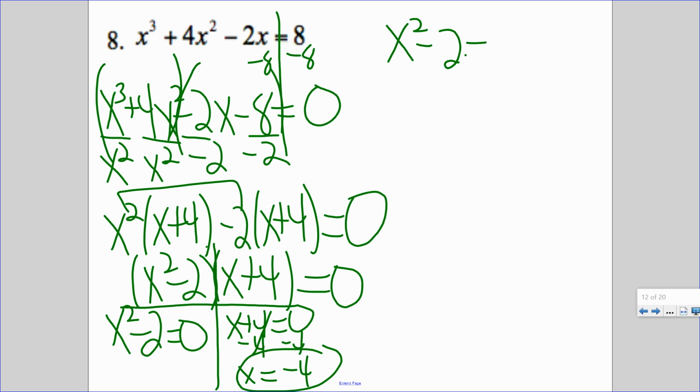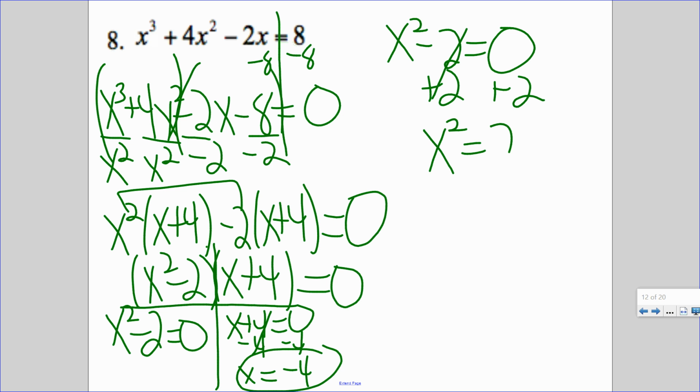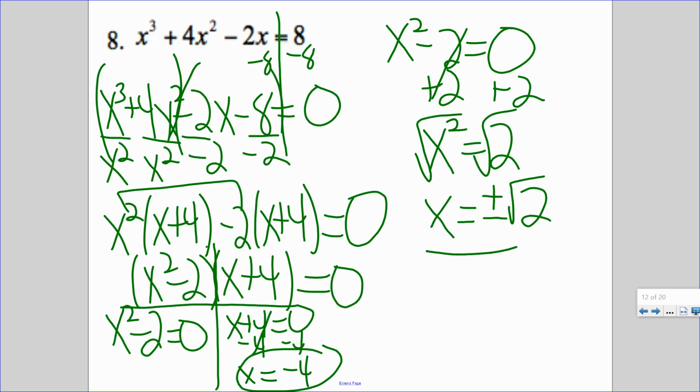Since there's no b value, the easiest thing to do would be isolate square root. So I isolate the x squared, I take the square root. When you take the square root, it's plus or minus. Radical 2 is radical 2. Can I reduce radical 2? No. So my answers are plus or minus radical 2 and negative 4.